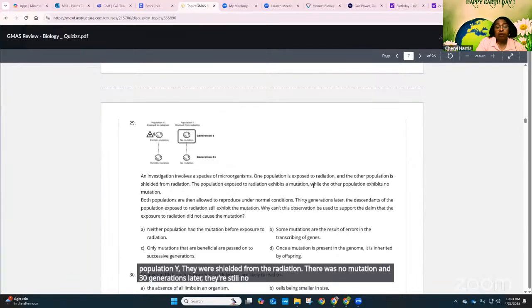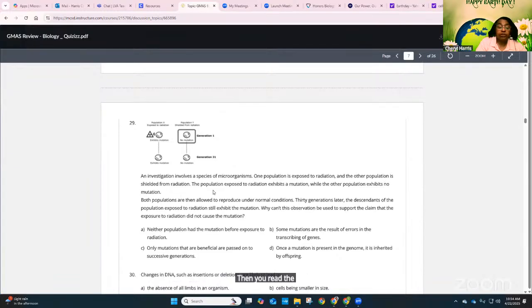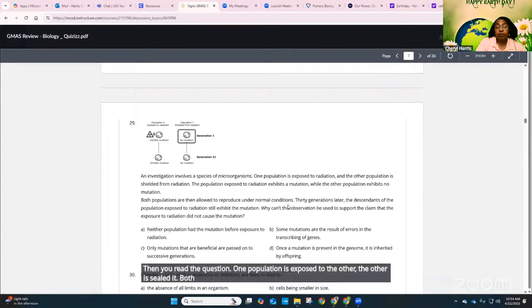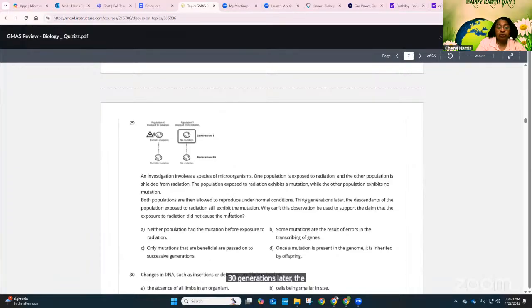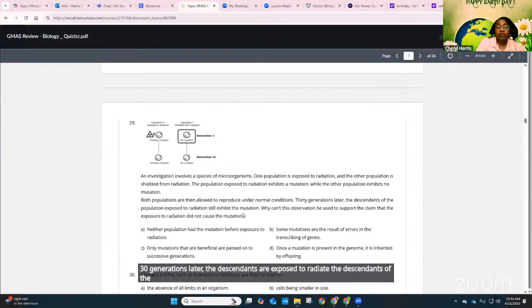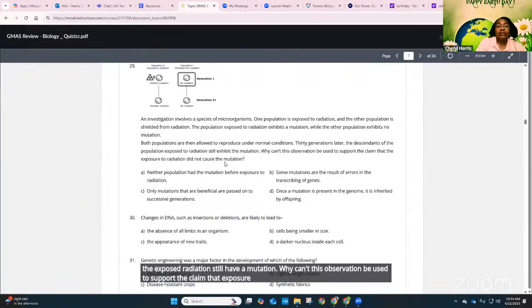All right, that being said, then you read the question. One population is exposed, the other is shielded. Both populations are allowed to reproduce. 30 generations later, the descendants of the exposed population still have a mutation. Why can't this observation be used to support the claim that exposure to the radiation did not cause the mutation?